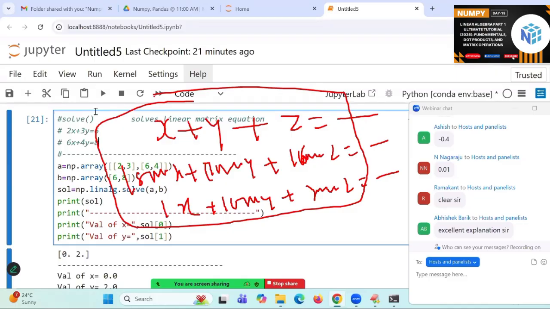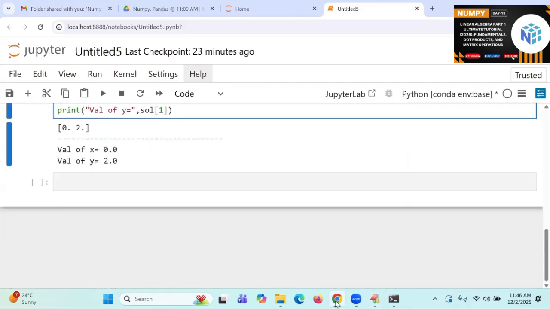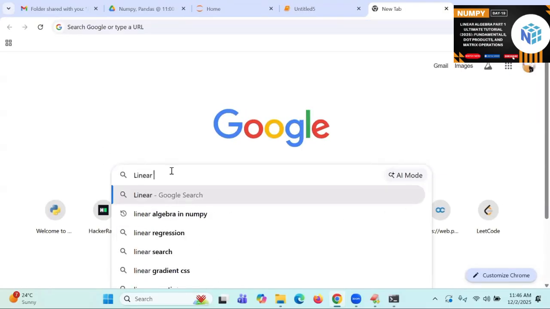Well students, coming back to the point, now I am going to go further. Take an example. Here I will take linear equations with three variables.